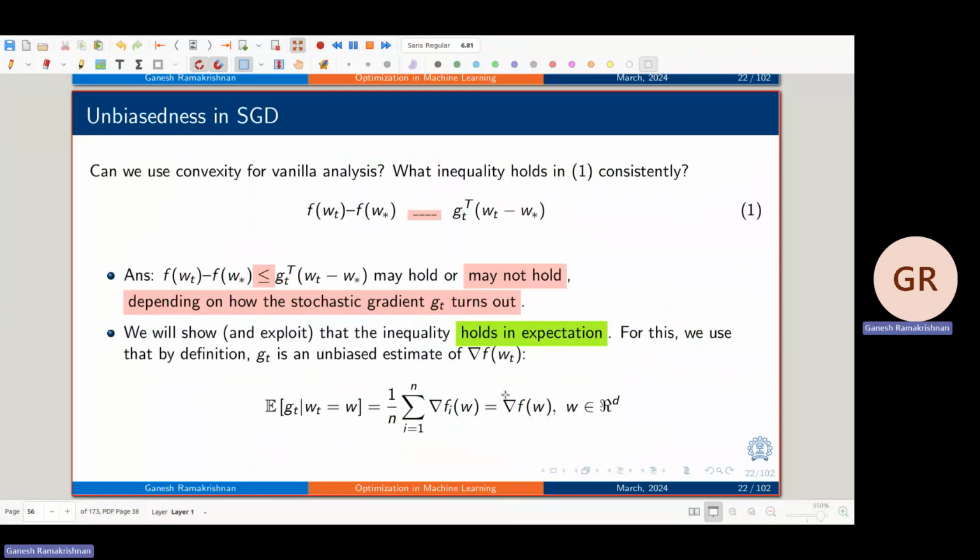There's no bias in the expectation. Then you can show that this inequality holds. Okay, that's when we are interested. We're basically interested in unbiased estimators of the gradient, which makes sense, right? In expectation, you just slap an expectation here, you would expect the inequality to hold. No rocket science here. Is this clear?